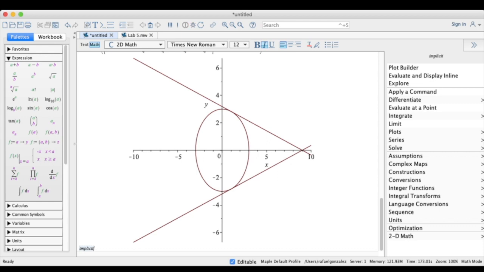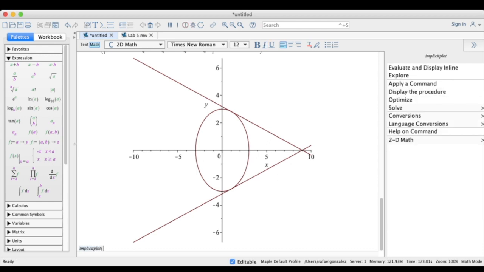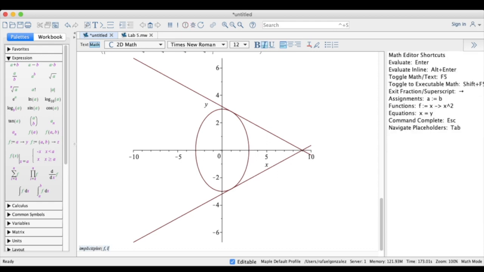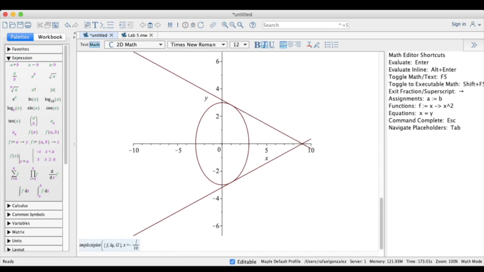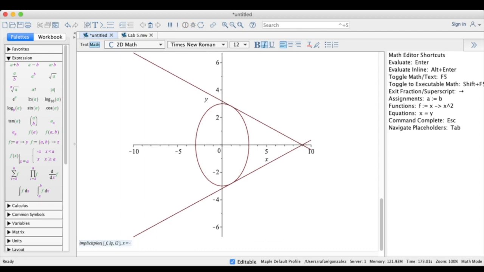I could have done implicit plot, square brackets, F, comma, L1, comma, L2, comma, after the bracket, so I could put my constraints, x equals negative 10 to 10, comma, y equals negative 10 to 10, and finally, scaling equals constrained.